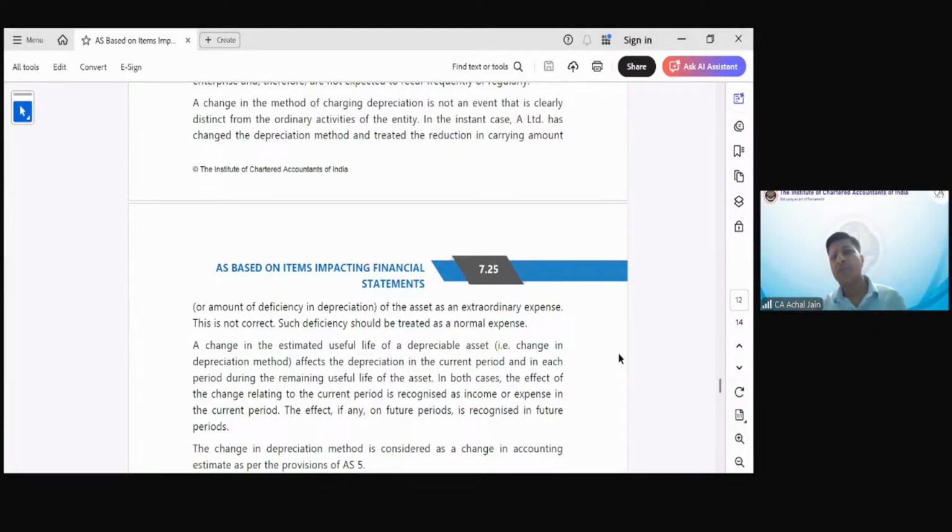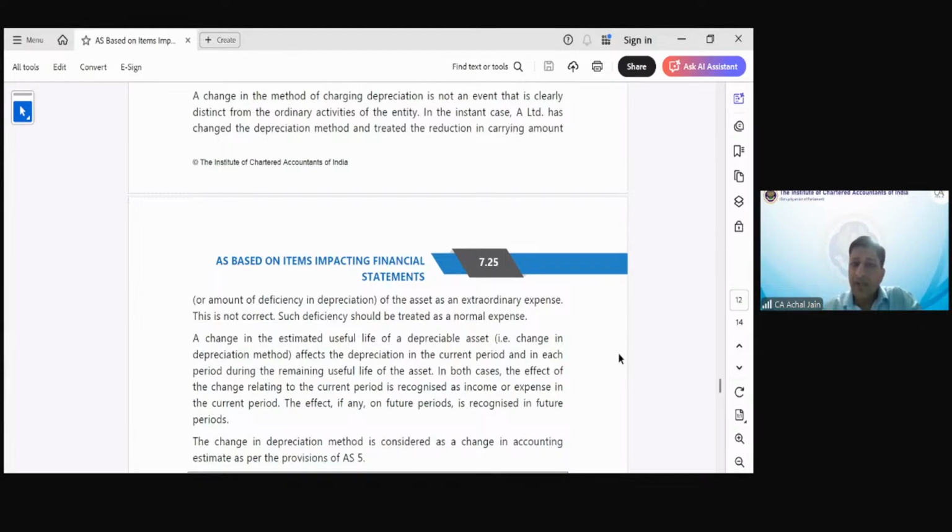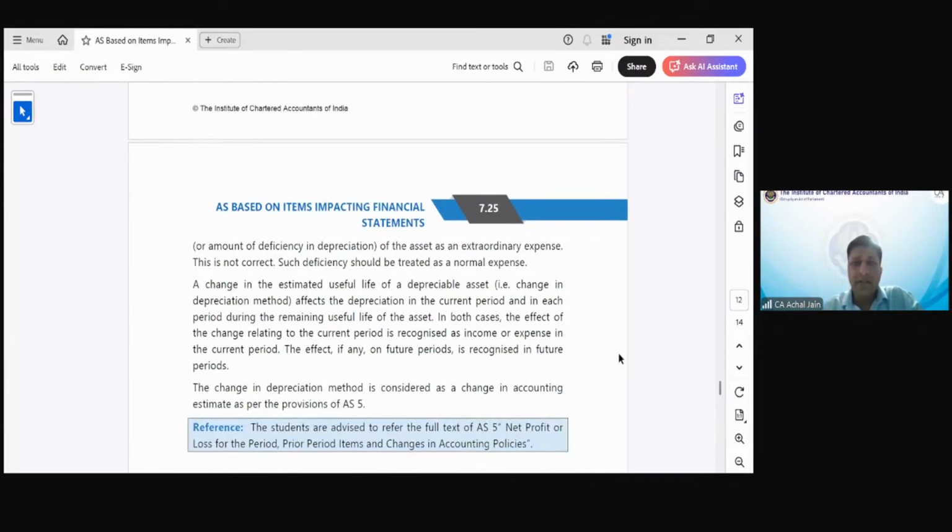So if you change useful life, if you change residual value, if you change method of depreciation, what are these? These are nothing but estimates. So any estimates you change, will you require a disclosure for the same? Answer is yes. Okay. Clear on this?